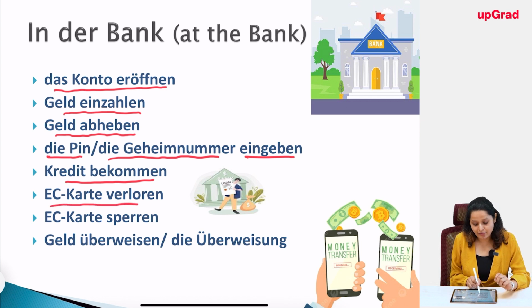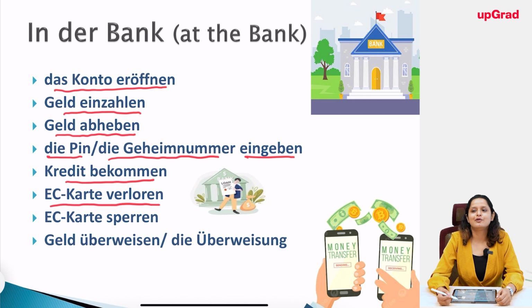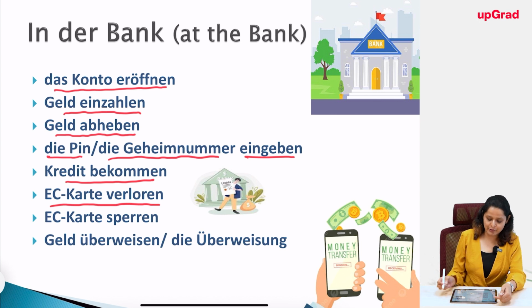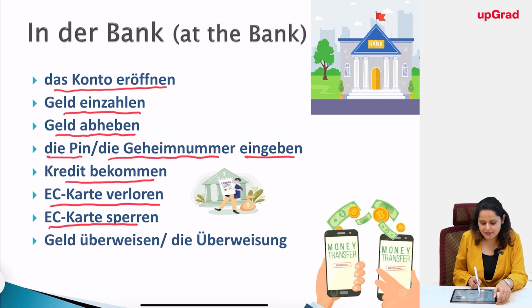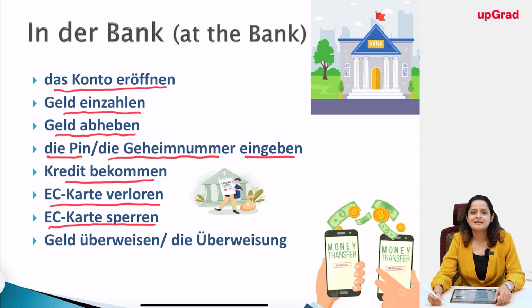EC-Karte verloren. Verloren means to lose. So, unfortunately, if you happen to lose your bank card, that is your ATM card or your credit card, please use the word verloren. EC-Karte verloren means to have lost your card. And as an action, what the bank will do is EC-Karte sperren, which means they will block your card.